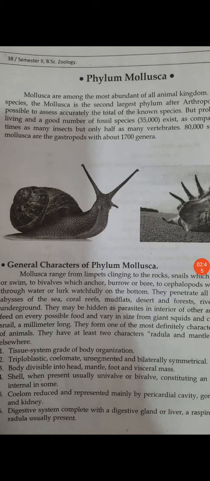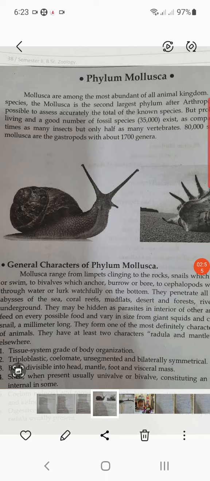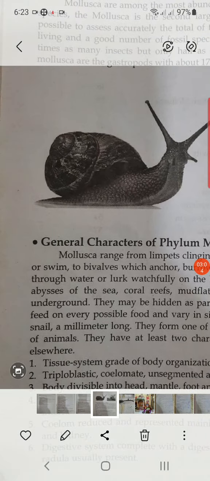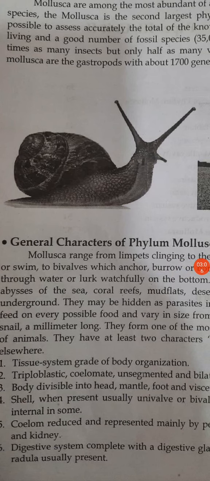Now, in the course of evolution, we know that the tissue organ system or tissue grade is slowly increasing. Here also, you will find the tissue system grade of body organization. Then, triploblastic, coelomate, unsegmented, and bilaterally symmetrical.